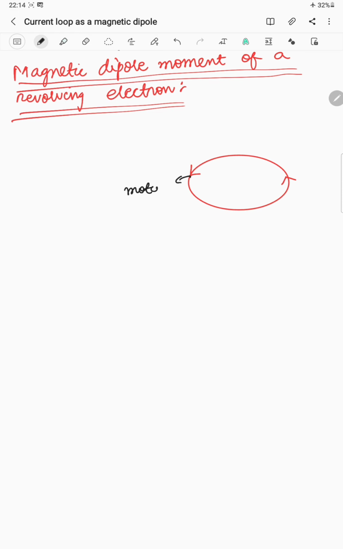So basically, this will be the motion of the electron. Since it moves in a circular path, the radius here we'll take as small r. From Bohr's atomic model, we know that the electron revolves in a circular path.